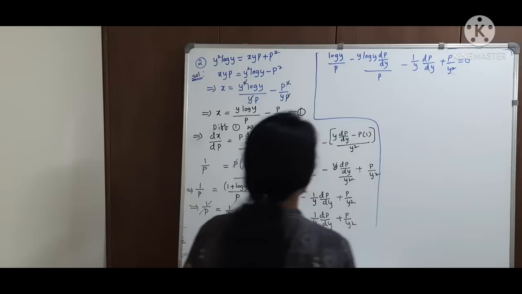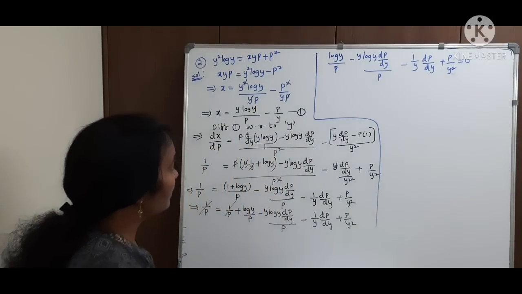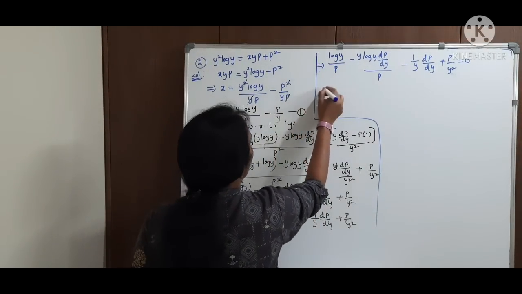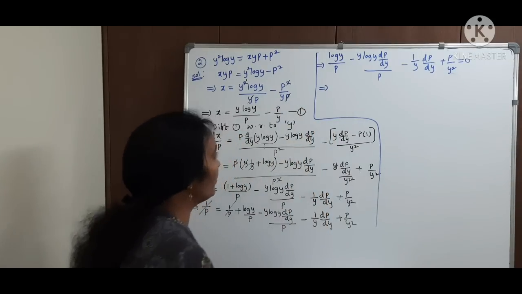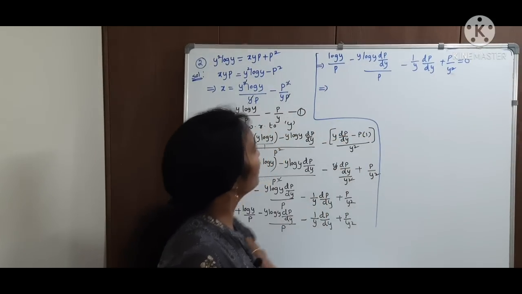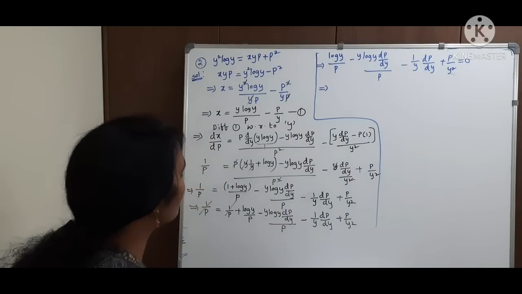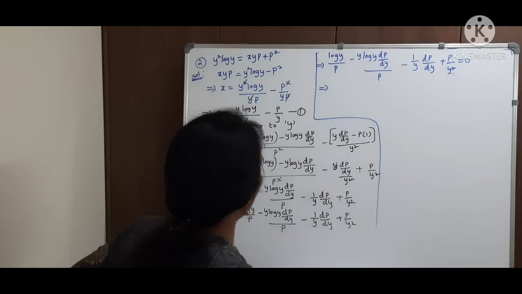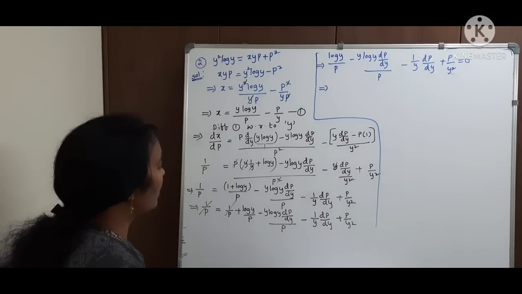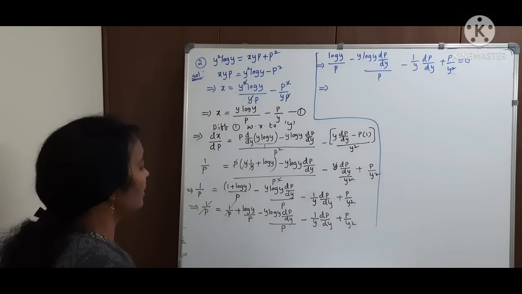See, now I'll do one thing. I want to write a combination of two factors here. How should we write so that the combination is easy? From these two terms, is there any common term? 1 by p. From these two terms, okay. If you take log y by p, y log y dp by dy.